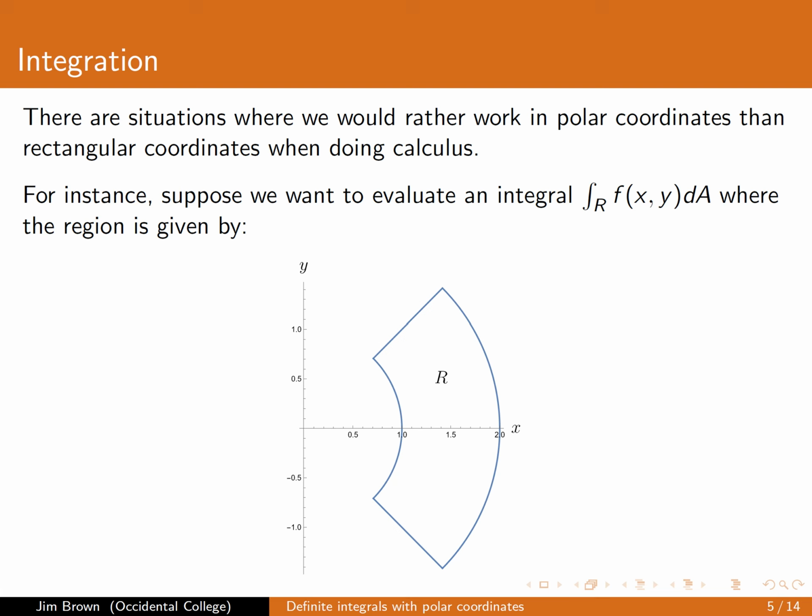We can see, though, that the limits on this region are circles and rays. So this is exactly the situation where polar coordinates would work quite well, because polar coordinates work well with circles and rays.